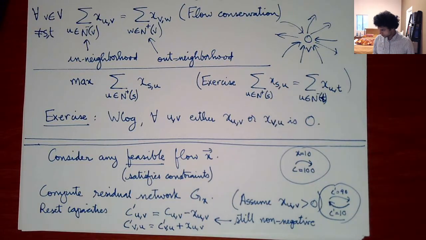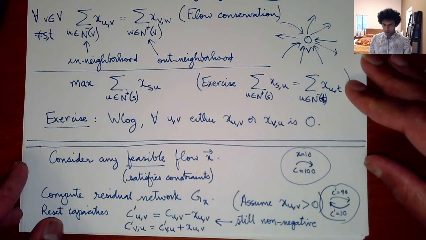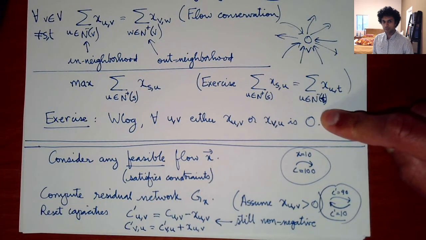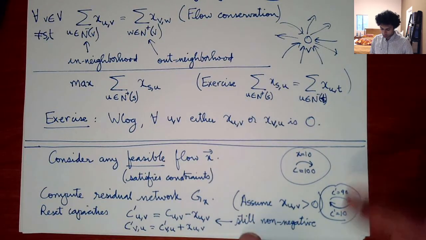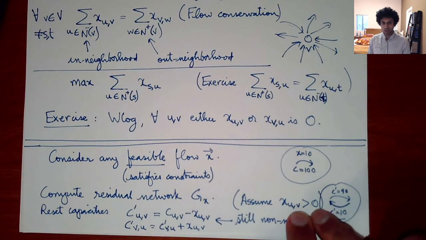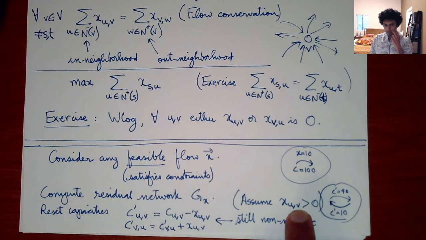I had a question. I think I'm kind of confused. Are we choosing one direction of the edge for all of them? Is that how we're starting it off? Well, I said that without loss of generality, for every pair, one of them is 0. So you only have to reduce with the one that is non-zero. How do we know which one is non-zero?